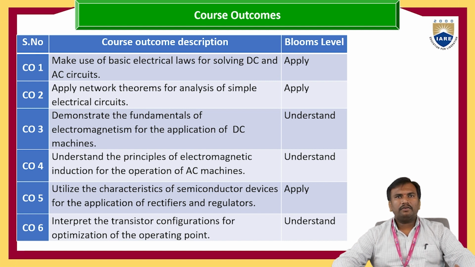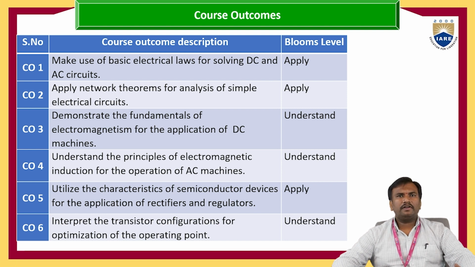The third course outcome is demonstrate the fundamentals of electromagnetism for the application of DC machines. The fourth course outcome is students are able to understand the principles of electromagnetic induction for the operation of AC machines.